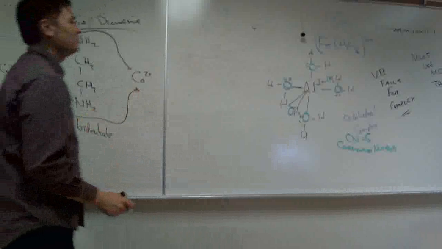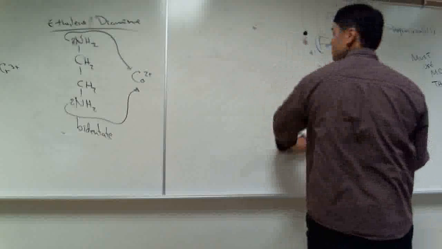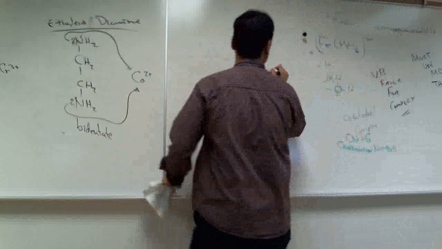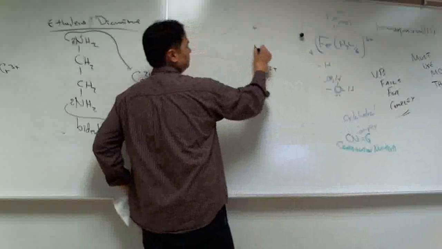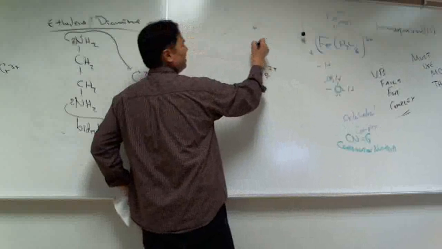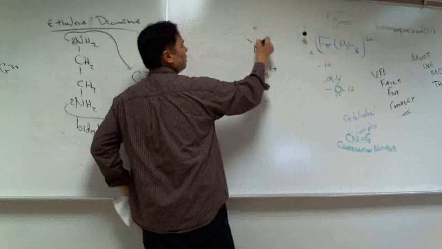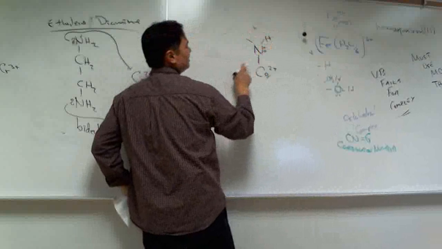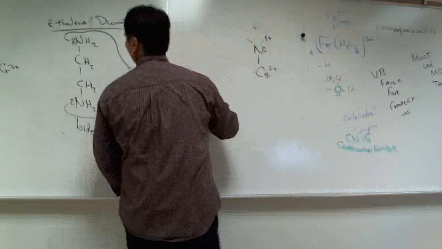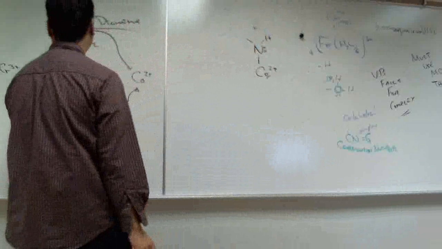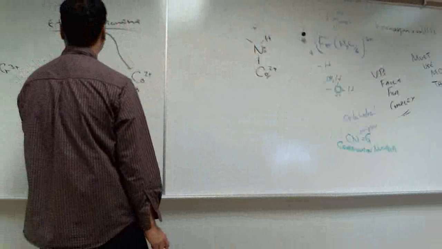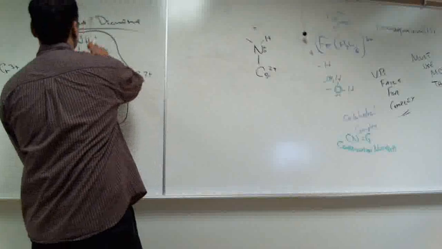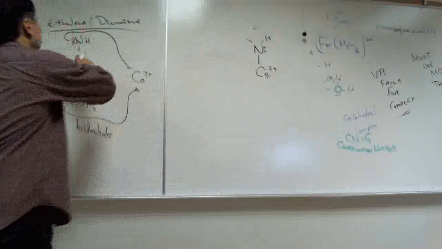So one lone pair attaches to the cobalt here. And then this molecule can wrap around.